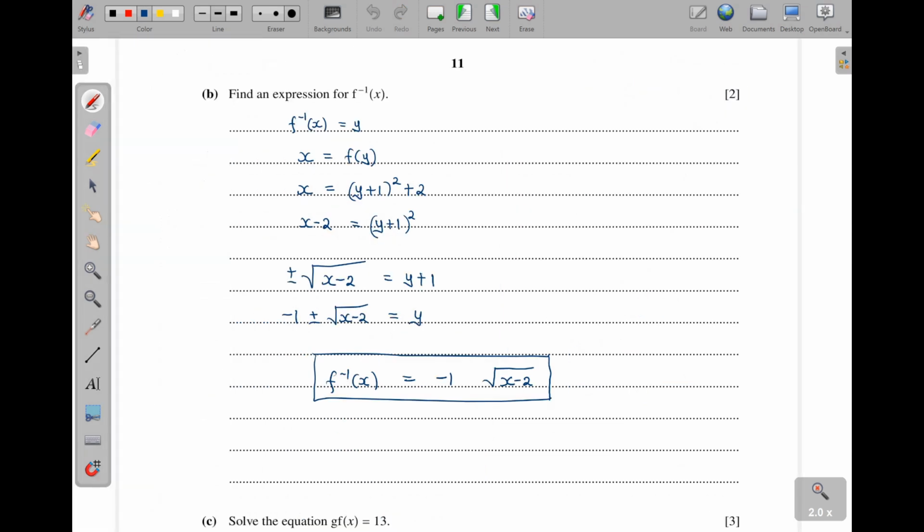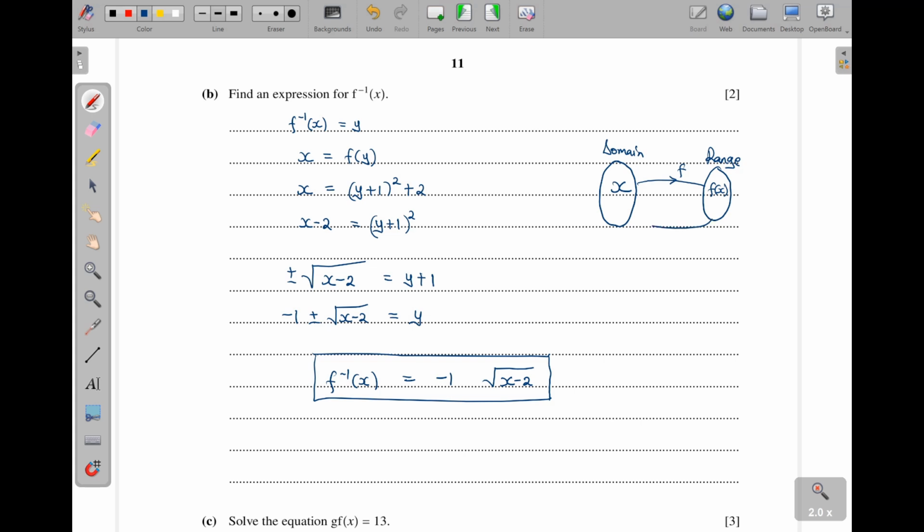Now, when I come here, remember we have the domain. If these are the x values, this one is going to be the domain, and this one is going to be the range. So if f acts on x, what comes out is f of x, right? That's the range.